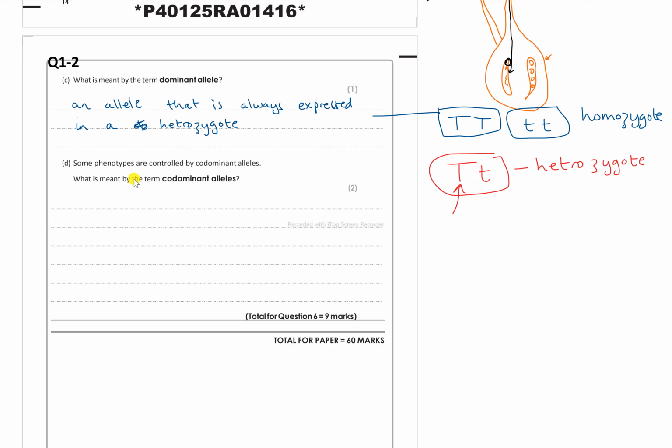Right, this is when you have a heterozygote. Let me put a proper Z, that causes confusion. Heterozygote.